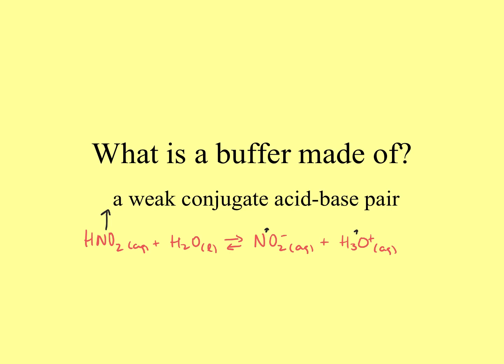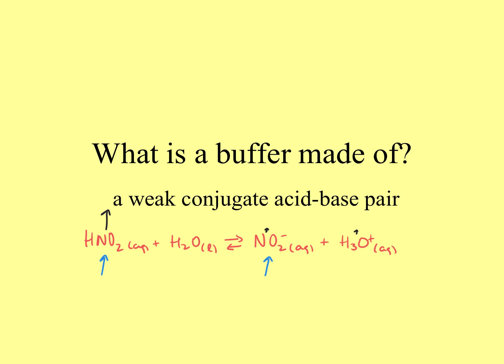That's assuming it's a non-buffered solution. But if it is buffered, you're going to have lots of the HNO2 and lots of the NO2 minus. I'll draw you a picture shortly too, so you can envision what it looks like at the molecular level.